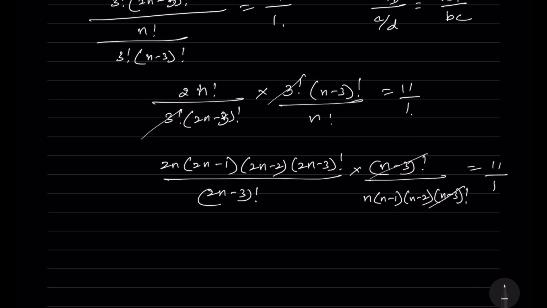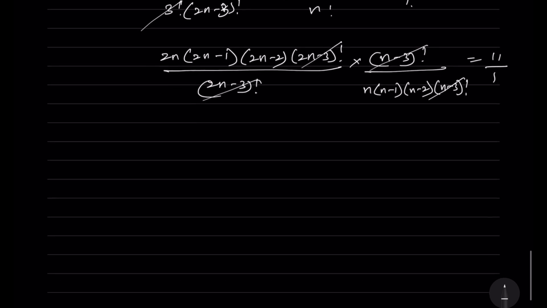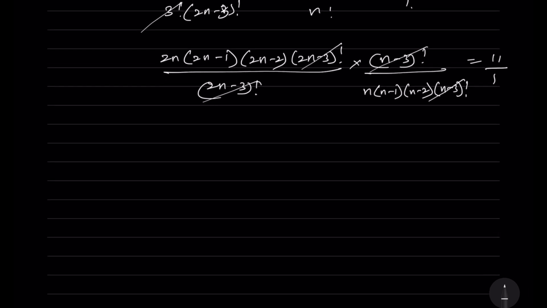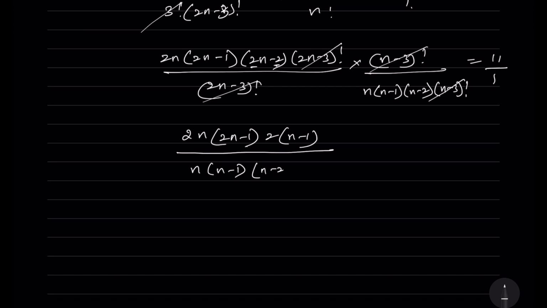So this will get cancelled and this will get cancelled over here. So you can write this as 2n into 2n minus 1 into 2. I am taking 2 common out of both of them, so I have written it in this way, divided by n into n minus 1 into n minus 2, which is equal to 11 by 1.